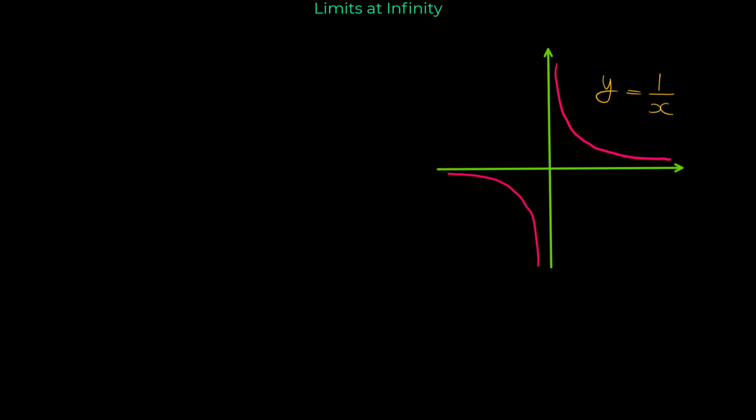In this video, we want to learn how we can find limits at infinity. Let us start with this simple but very important example. We want to find the limit of 1 over x as x approaches positive infinity and also when x approaches negative infinity.